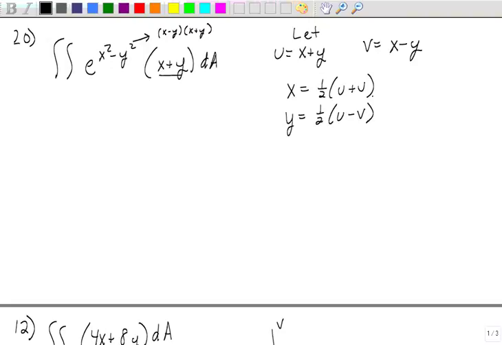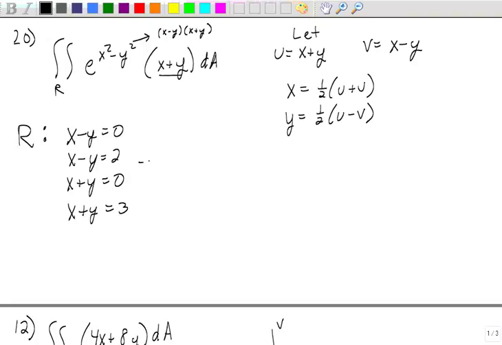We subtract the equations and we get that. So our region that we're integrating over is x minus y equals 0, x minus y equal 2, x plus y equals 0, x plus y equal 3, and that just translates to v equals 0, v equal 2, u equals 0, u equal 3. So we're just integrating over a rectangle.